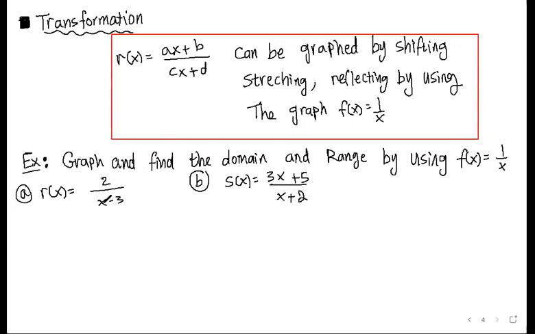So who will give me the idea how can I graph this function by using this function? I know the graph for the original function f of x equal 1 over x. The graph for this function looks like this, like I graphed it in the beginning.